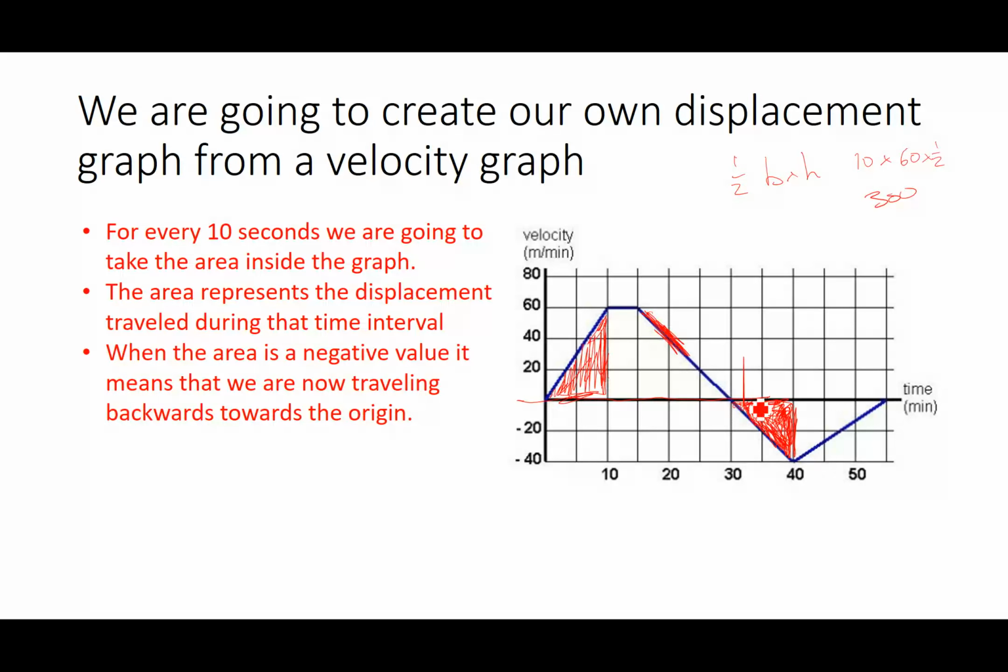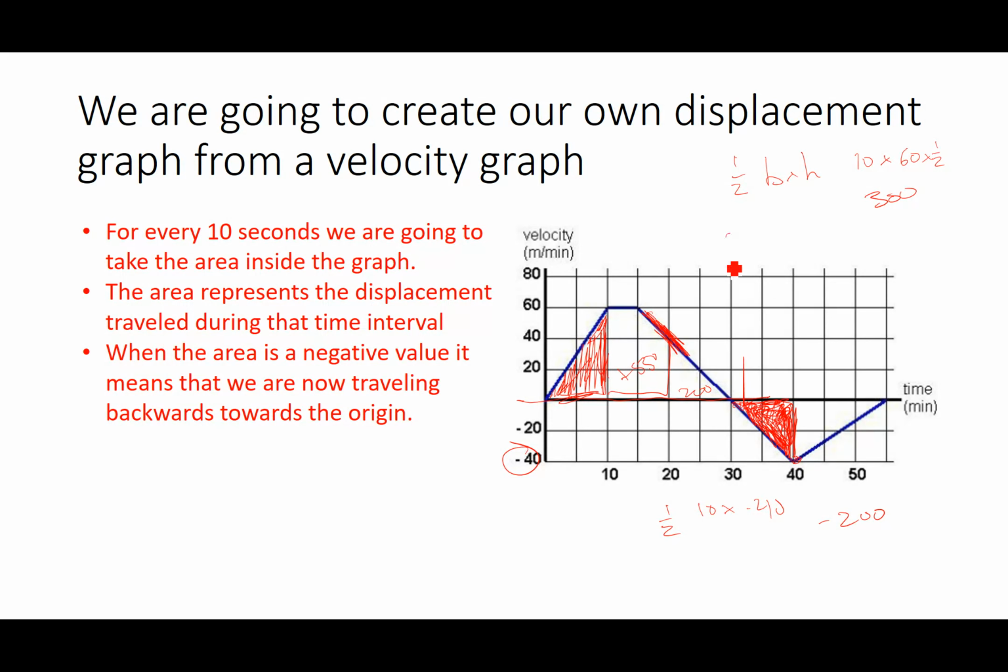So if I do the same thing, 1/2 base times height, 10 times negative 40, because it's a negative value. So over here, I would get negative 200. So after I added up all these, if I wanted to find my position at this point, I would take 300, and then this area inside here was plus 550, and this area over here was just 200.